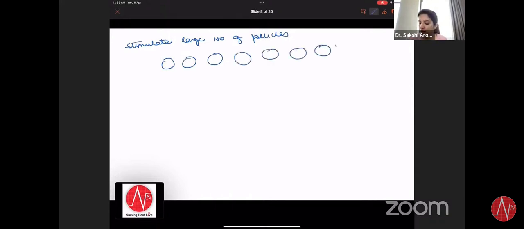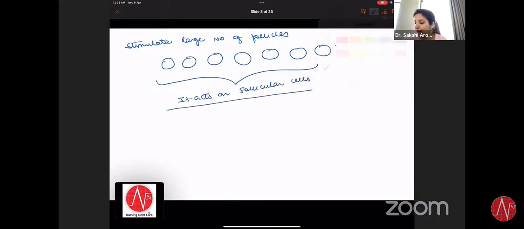Now, it acts on the follicular cells, and follicular cells को वो दो टाइप के cells में convert कर देगा, granulosa cells and theca cells. Clear?